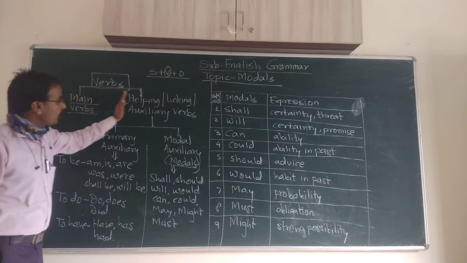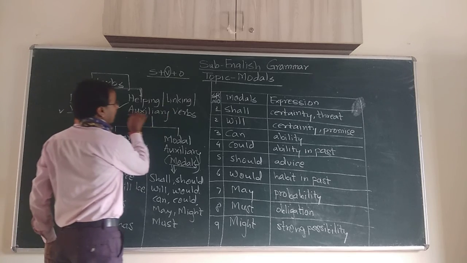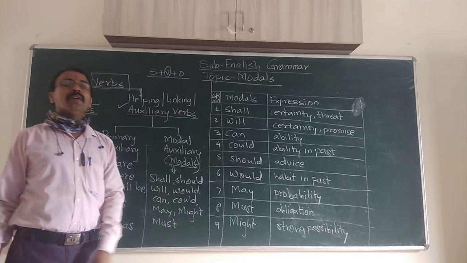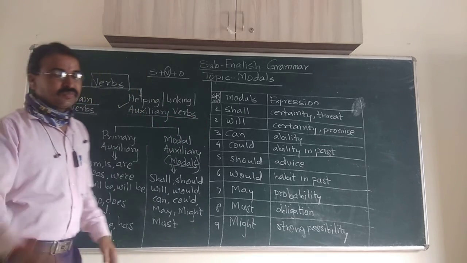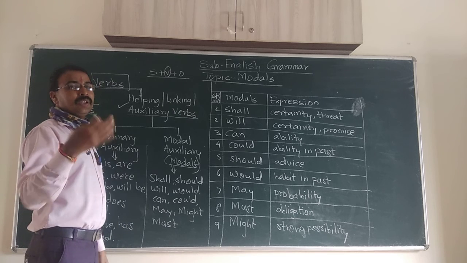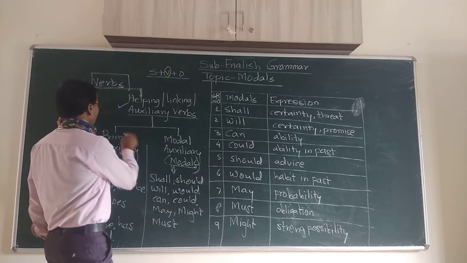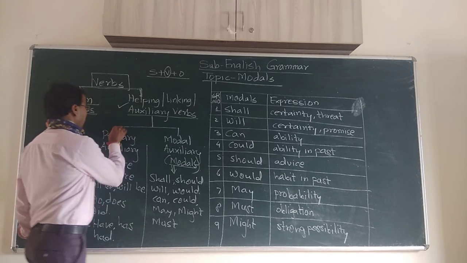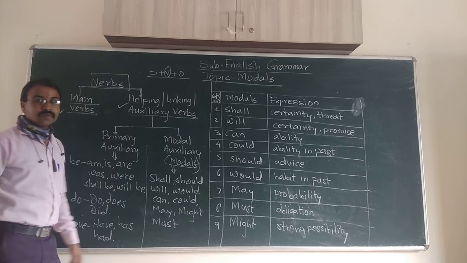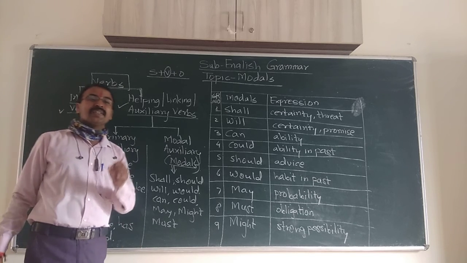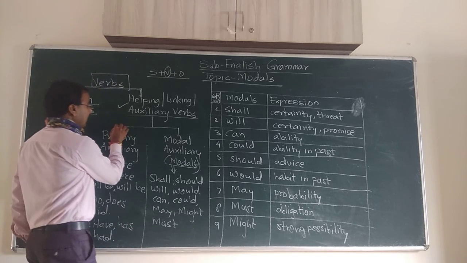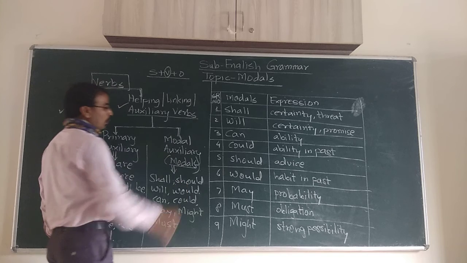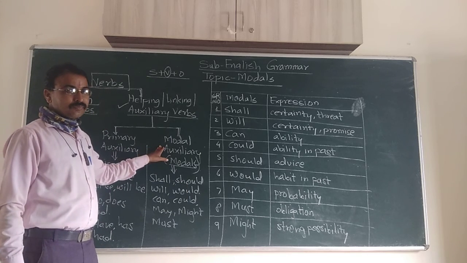Our focus is only and only on these auxiliary verbs. Helping verb means auxiliary verb. Auxiliary verbs are also divided into two groups. Group number 1 is primary auxiliaries, and the second part is modal auxiliaries.